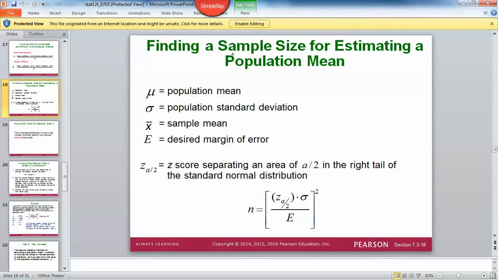So, to find the sample size for estimating a population mean, don't use the t critical score. Make sure you use a z. That's the same one that we've been using, that we used before this section.